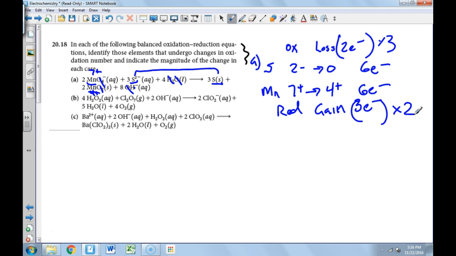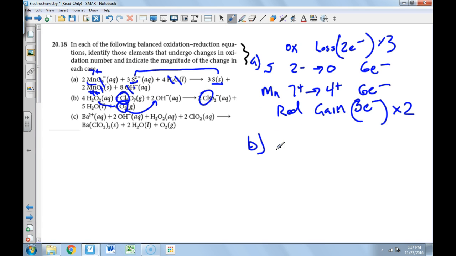Now for part B, here's an oxygen. There's all sorts of things going on, and we have chlorine and chlorine.